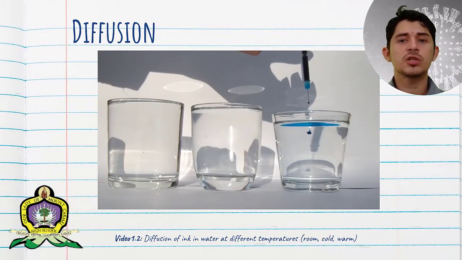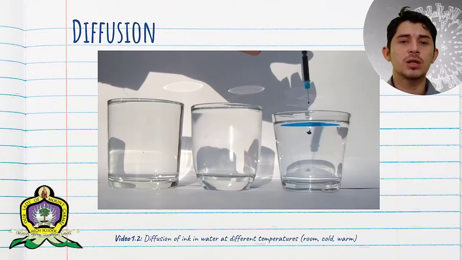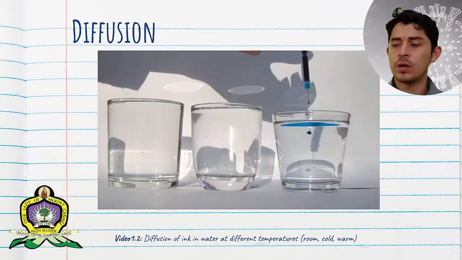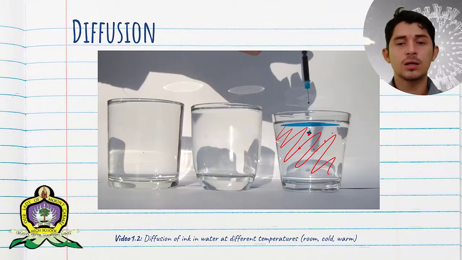We are able to see diffusion in this scenario also. If you're able to see the cups, they contain water. If you add a little bit of Kool-Aid or food coloring into the cup, the Kool-Aid starts to spread and the cup eventually becomes colorized with whatever dye you put in it.